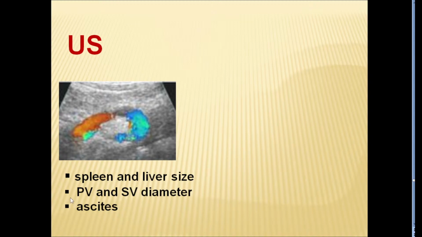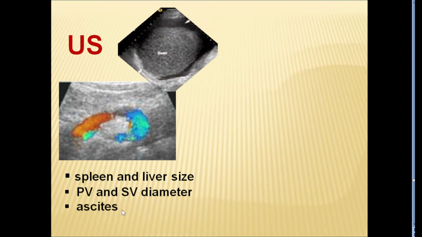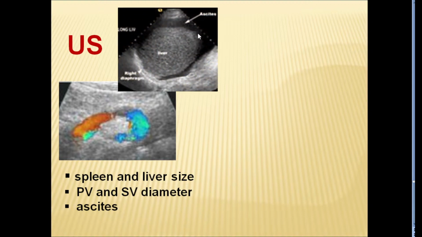I told you about the diameter of the portal and splenic veins, because they are the main index of portal hypertension, and we can see the level of liquid in the abdominal cavity, ascites.